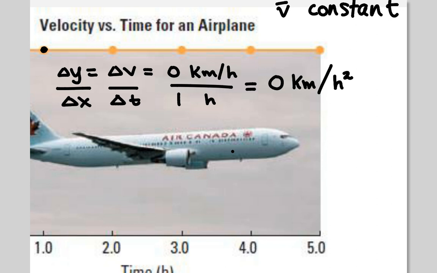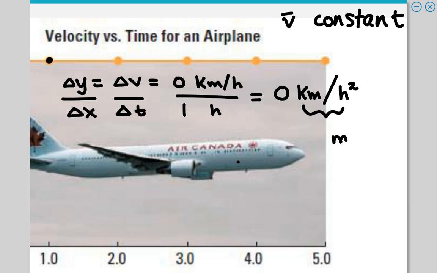Kilometers per hour per hour. That's what that means. What unit is that? You might recognize this one from physics or from science 10, meters per second squared. That's acceleration, right?